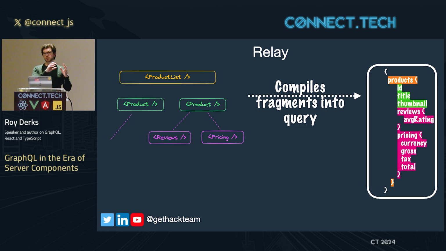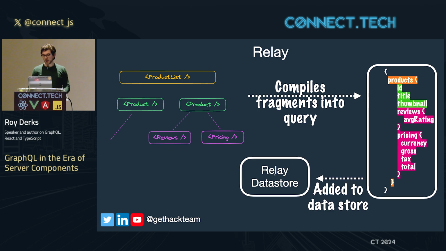You can use fragments to define what fields you need from one of those child fields. So what Relay does, it takes all those field definitions from your components, compiles it into a query like you see on the right, and then this will be used to retrieve data.